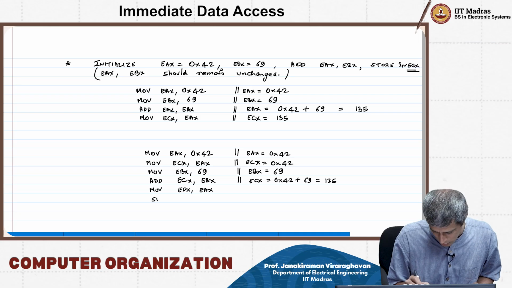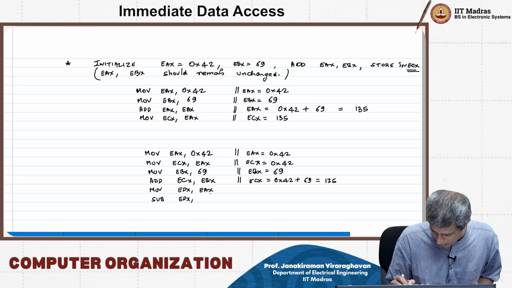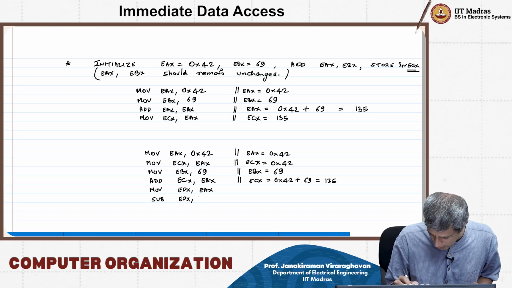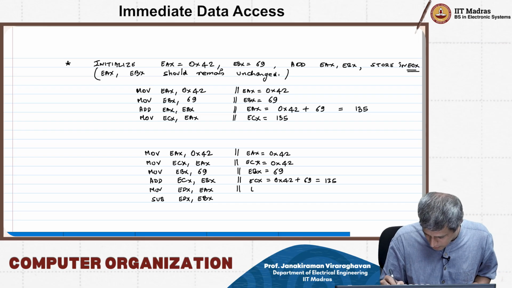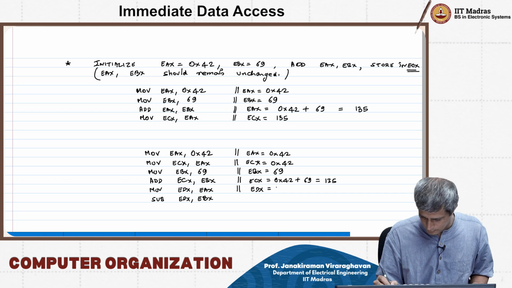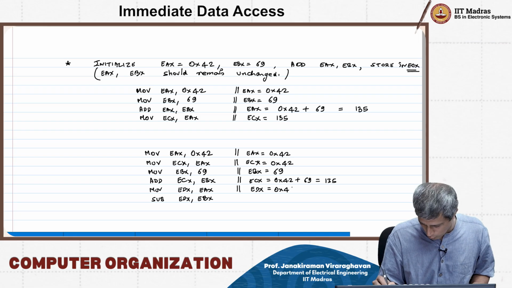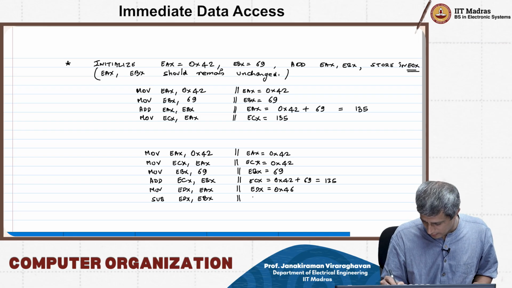And here I'm going to now say subtract EDX comma EBX. So in this EDX will get the value 0x42.